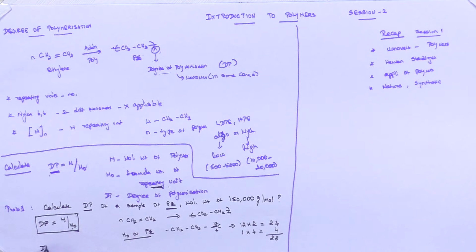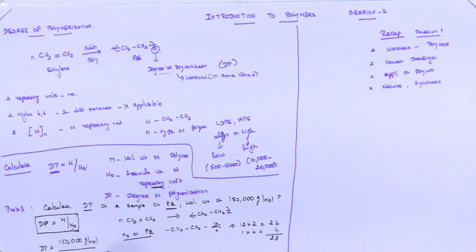dP is equal to, what is m? M is given here. The molecular weight of polyethylene is 150,000 gram per mole divided by, what is m naught? It is 28 gram per mole.